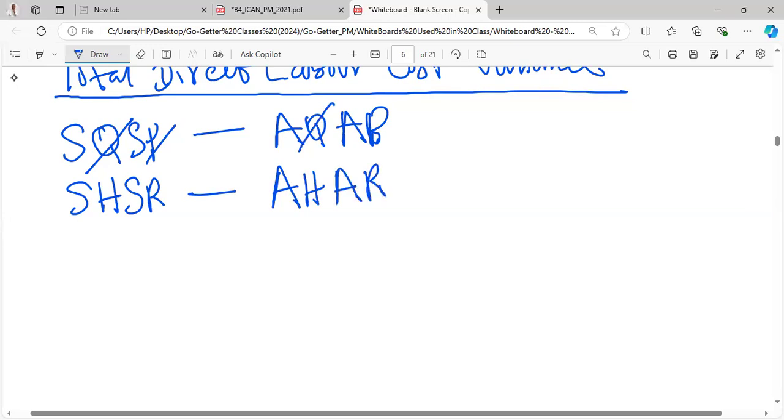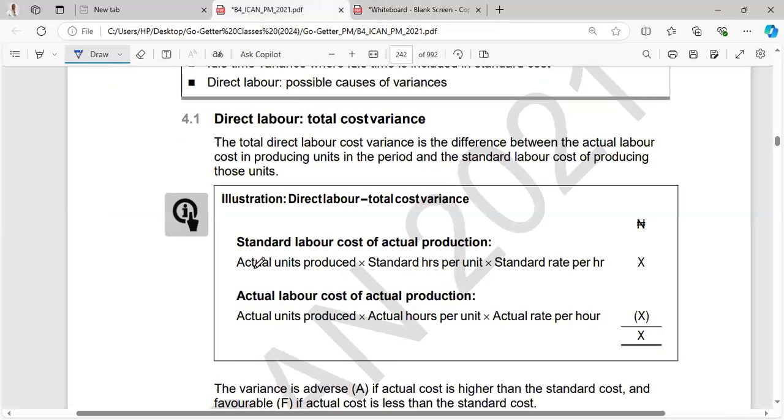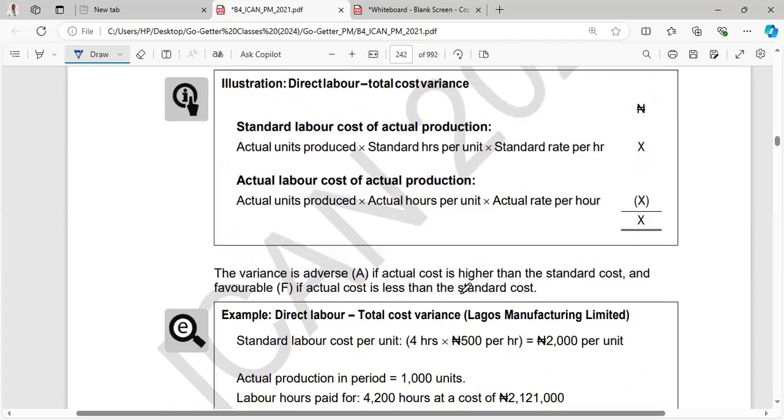Everything remains intact, just the quantity changes to hours and price changes to rate. That's it. So actual units produced, standard hours per unit, standard rate per hour. That's exactly what we're doing.